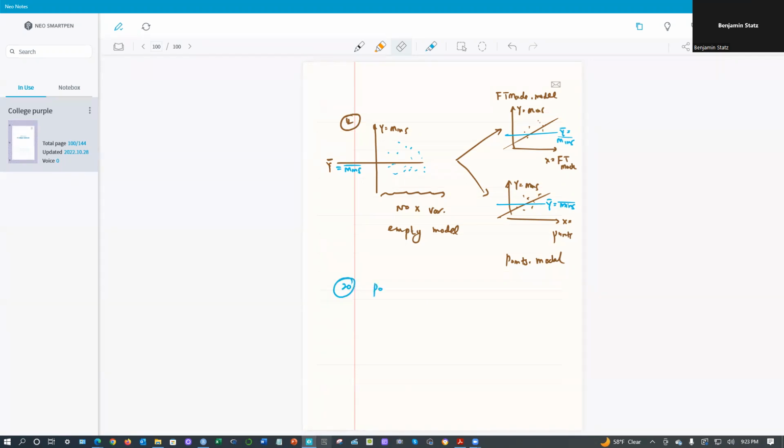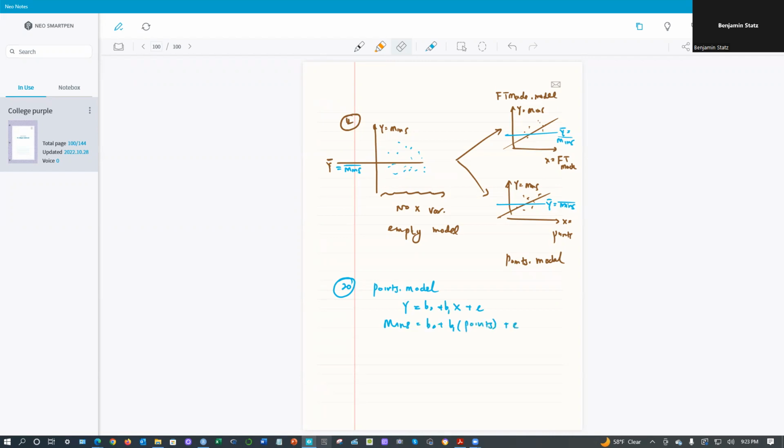If you go to the points model, how do you model this one? You're going to say y equals b0 plus b1x plus error. That means minutes equals b0 plus b1 times x, where x would be points, plus error.